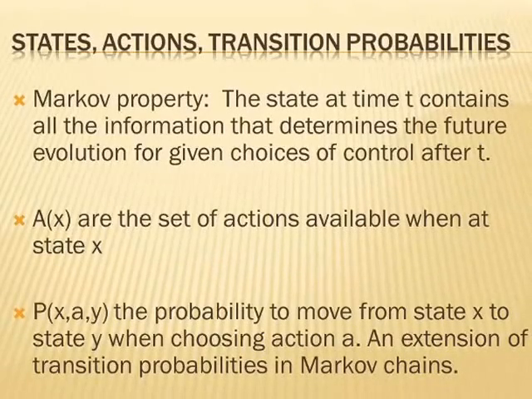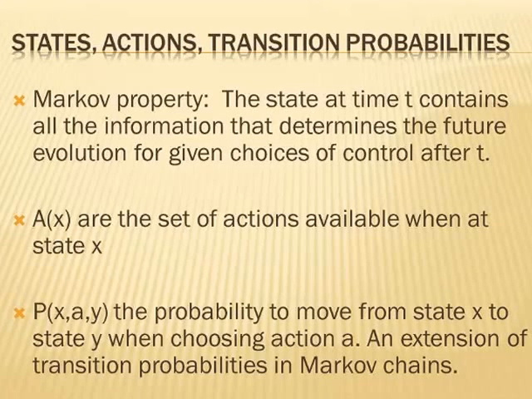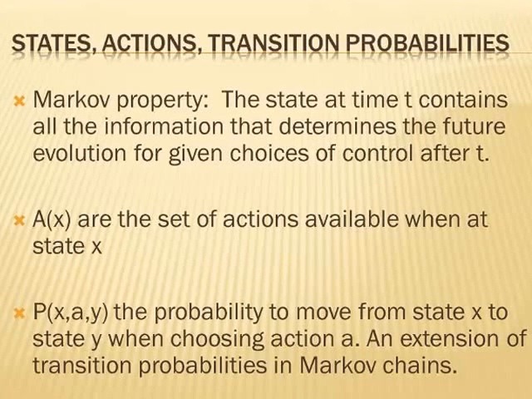We now go into more details in describing the different objects. So first the states. We assume that we still have the Markov property. So the state at time t contains all the information that determines the future evolution for a given choice of a control at that time and in the future.